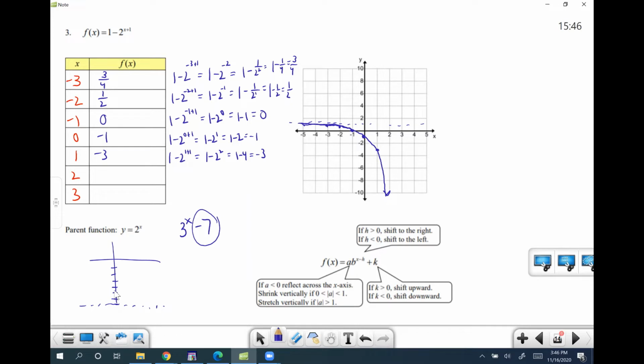So that back number, the number that doesn't have the exponent, is going to be the horizontal asymptote. So in our case, the 1 would be where the horizontal asymptote would be.